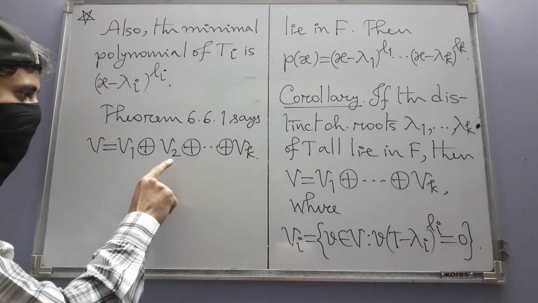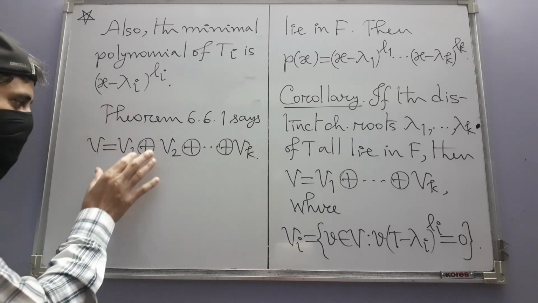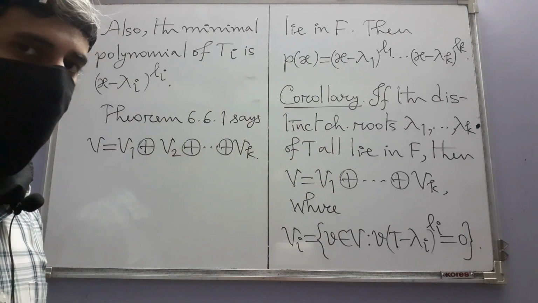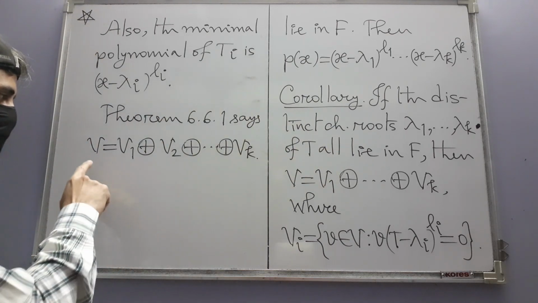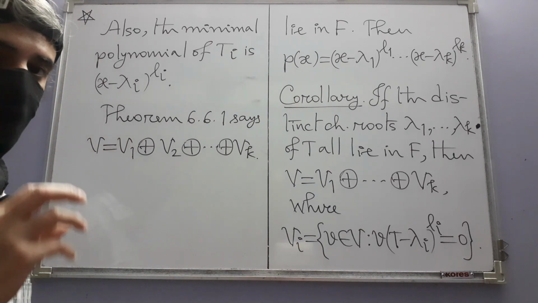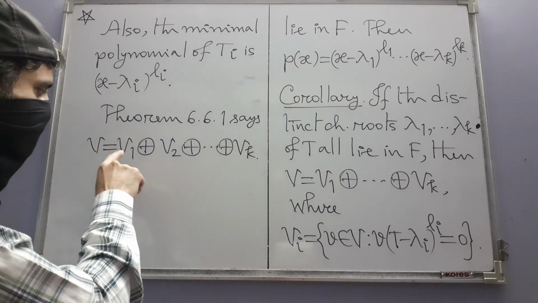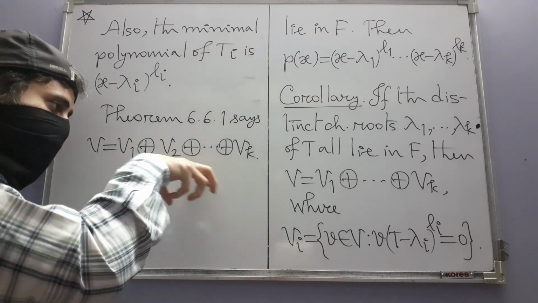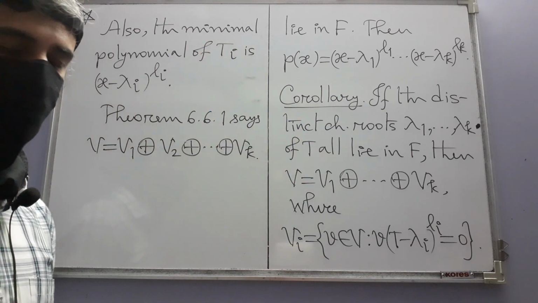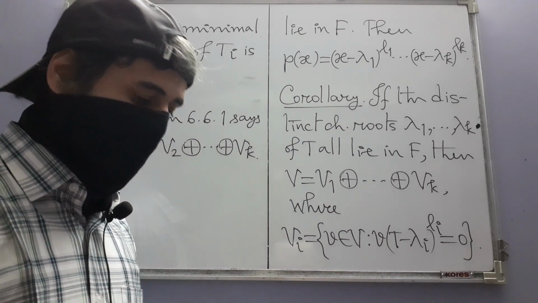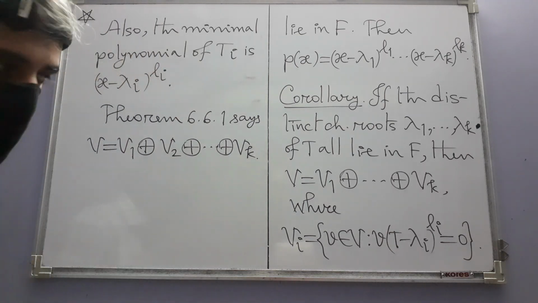Then there exists a basis of V which can be obtained by adjoining the bases for these operators, in which the matrix of T will assume a block diagonal form, where the blocks actually are the matrices of those individual Ti's in those individual bases. And the result we are talking about is lemma 6.5.1.